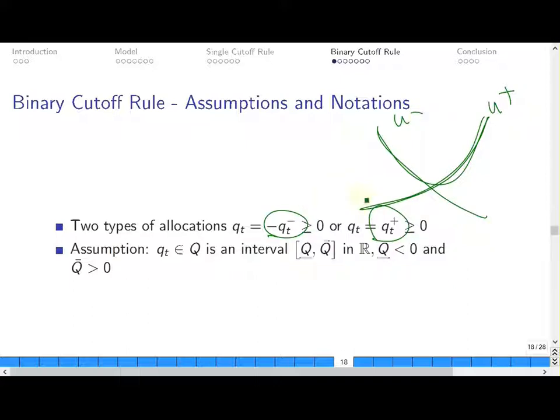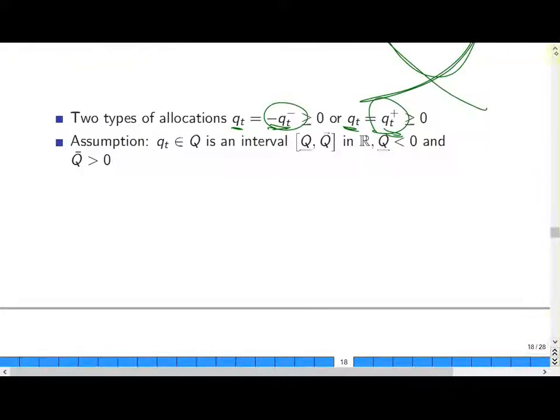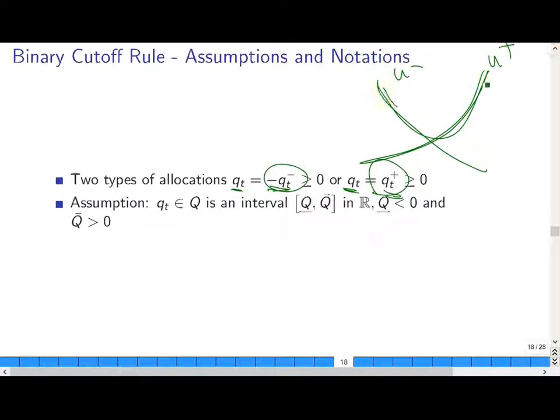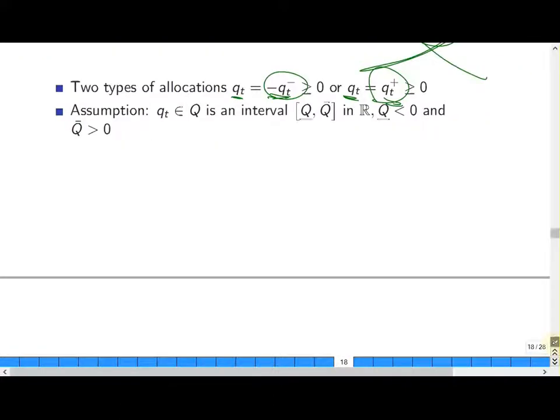And to simplify the notation, I call Qt can be both positive or negative. If Qt is positive, then it's the positive type, and if Qt is negative, then it is the negative type. So the max of these two would have this kind of concave shape that we wanted.